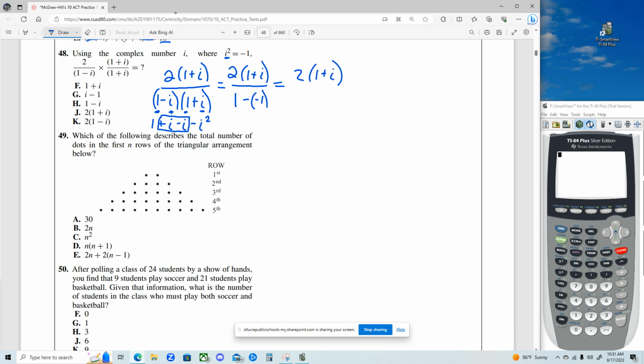Haven't changed anything at the top, just multiplied top times top. We get 1 plus i. Our 2's will cancel out, and we will just be left with 1 plus i. So it'll be answer choice F. And that is the correct answer.